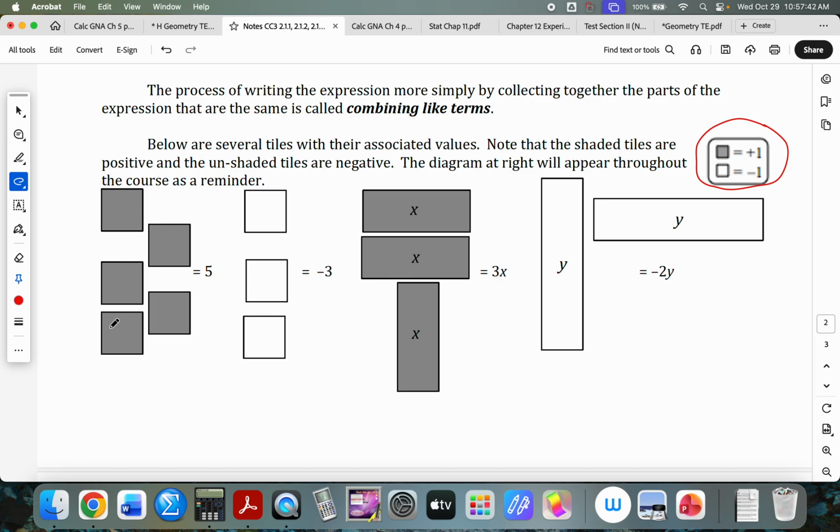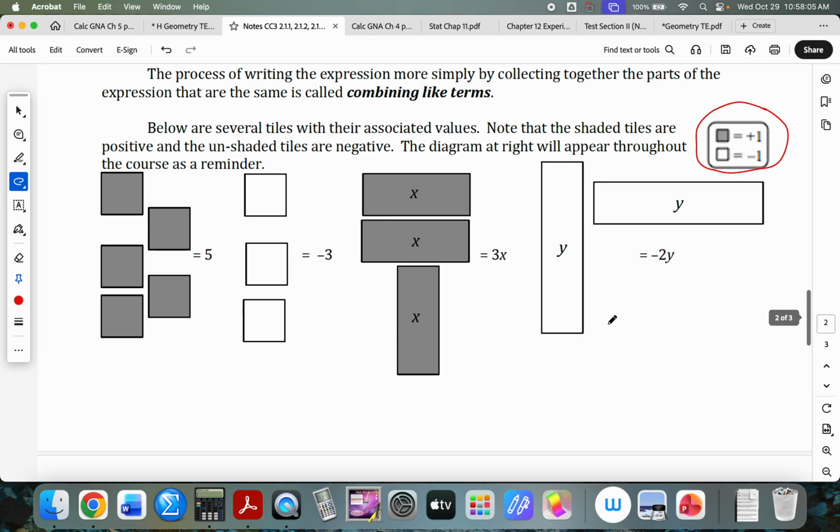So this represents 5 because there are 5 blocks here. This represents -3 because I have 3 blocks but none of them are filled in. This would be 3x, and this would be -2y. I've got 2 y's, but neither of them is filled in, so that's negative.